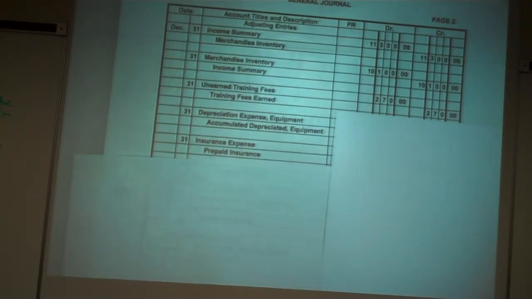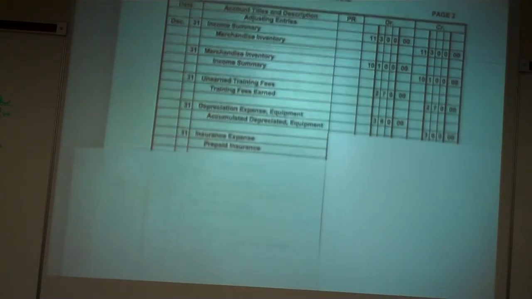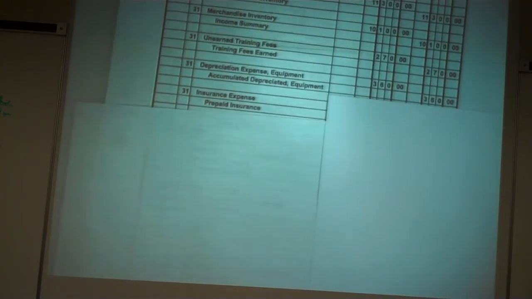Now we're looking at D, and D is going to be the depreciation expense, equipment as our debit, and our credit was accumulated depreciation, equipment, and the amount was 360.